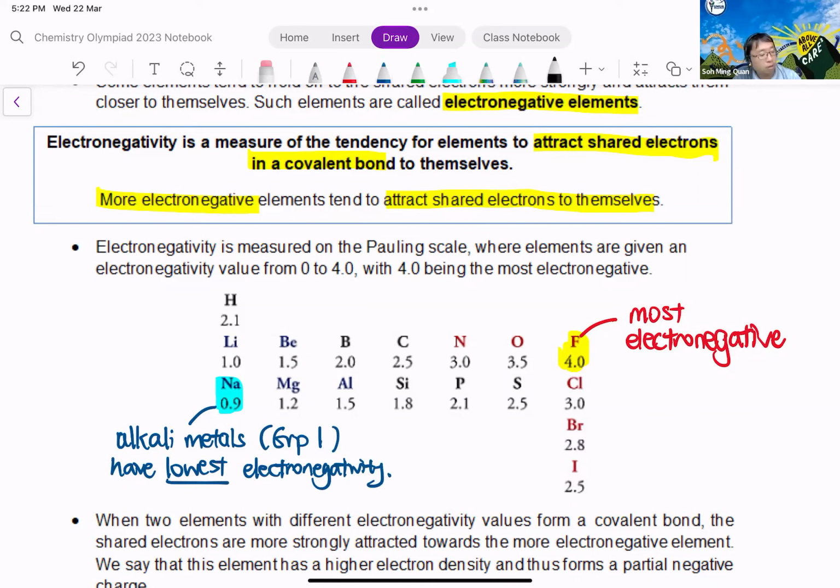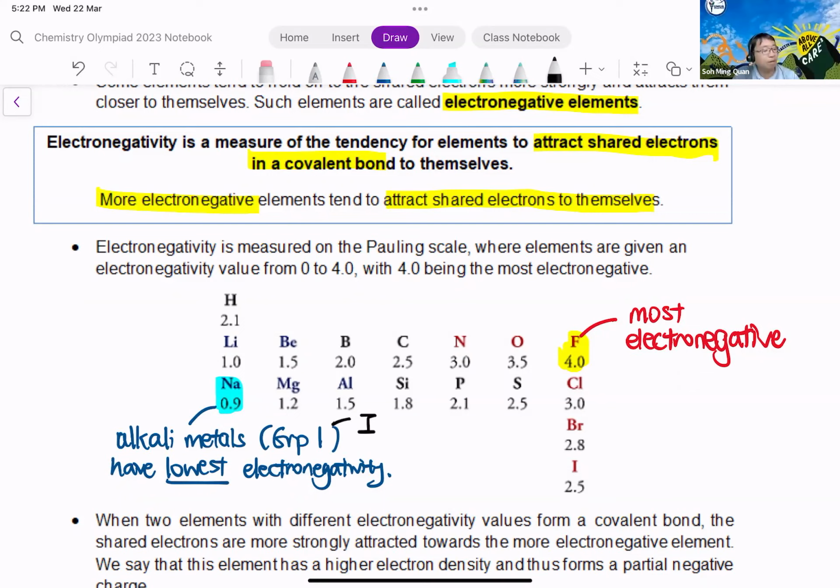For my SJC4 students, the 1 should be written like an I. That's the older periodic table. So generally speaking, alkali metals have the lowest electronegativity, like sodium. Sodium is in group 1, with very, very low electronegativity. This is also the reason why the oxidation state of group 1 metals will only be +1 in a compound. It's not going to be any negative number.